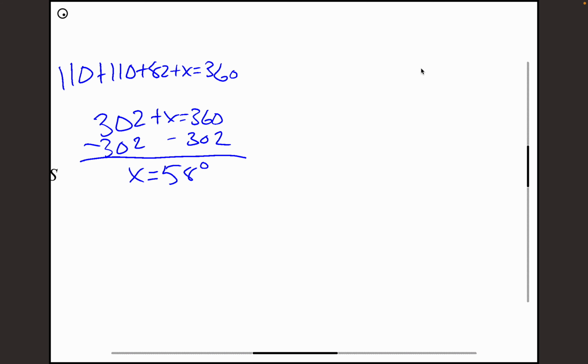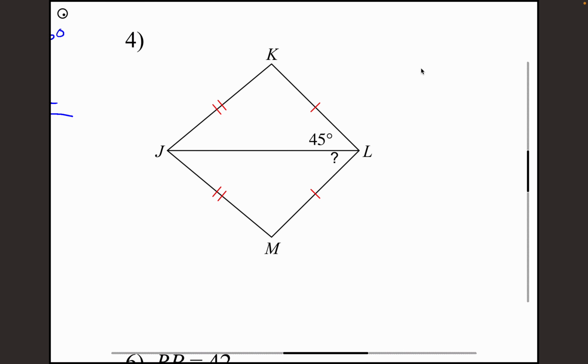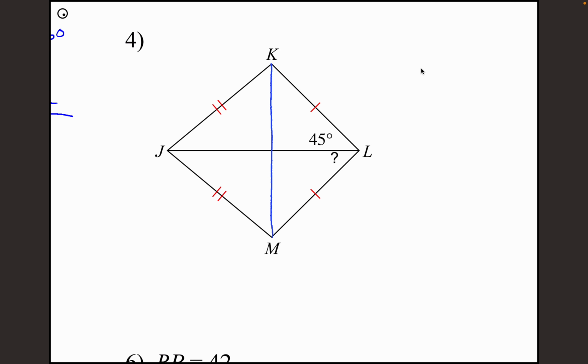Now, let's look at number 4. This time we have a line. So we've got to figure out what the other half of our angle L is. Now, sometimes we're going to have perpendicular lines in these kites. Sometimes we're going to see a line like this, sometimes a line like this as well. When we think of a kite, I feel like this is what a kite looks like.